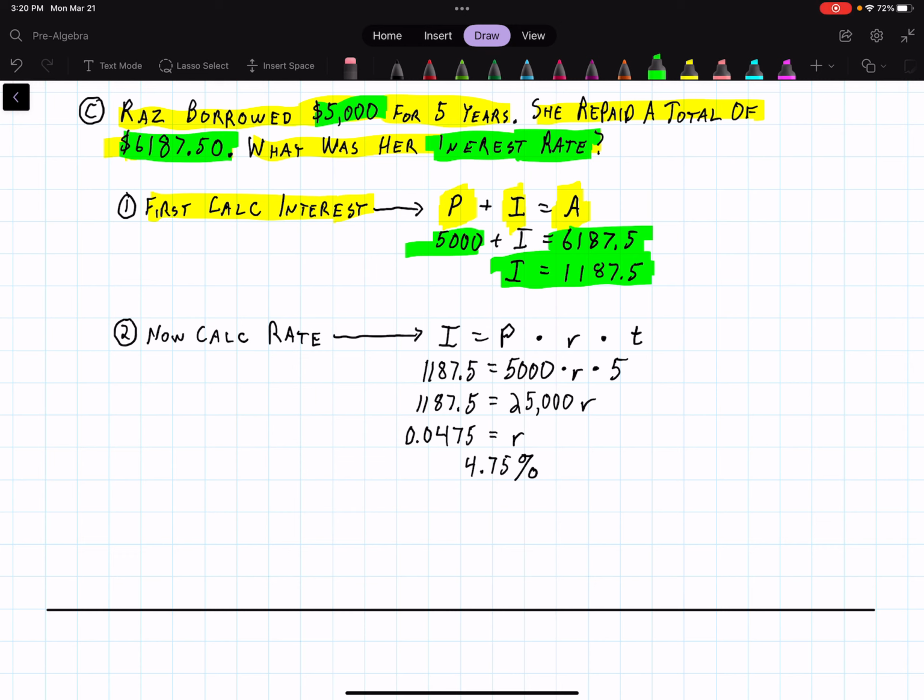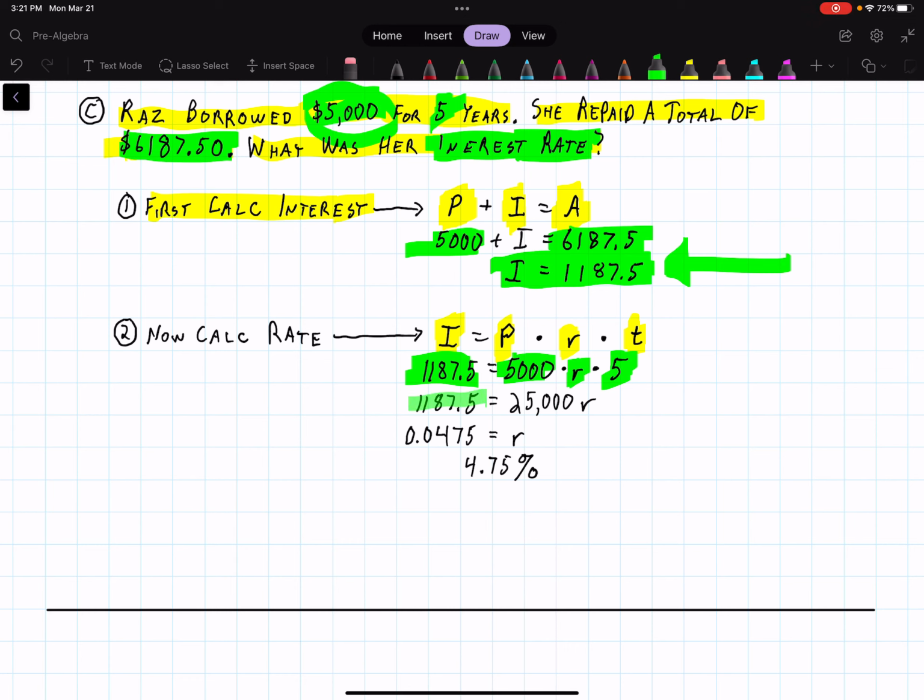So we have to go back to our original formula, interest equals principal times rate times time, and now we can fill in all the parts except the rate. There's our variable for the rate. Our time was 5 years. We got that from our original problem. Our principal was $5,000, also from the original problem. And our interest is $1,187.50. We got that from our first step.